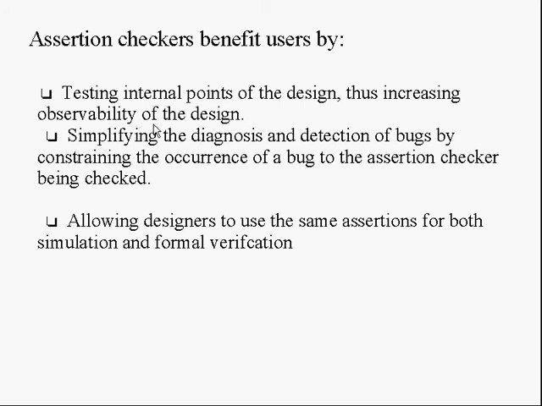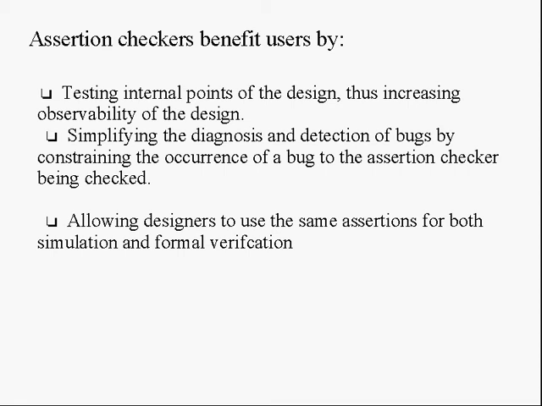This is the assertion introduction. These assertion checkers are composed of one or more properties, message, severity and coverage. Properties, in the sense that as I told earlier, empty and full should not be high at a time. And second, message. Once that assertion gets fired, you can give some message by using this.